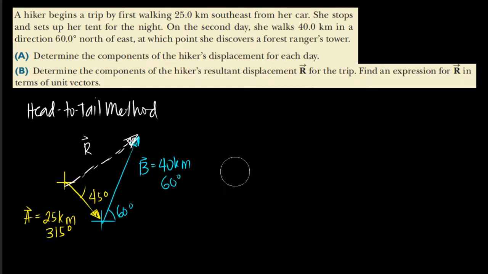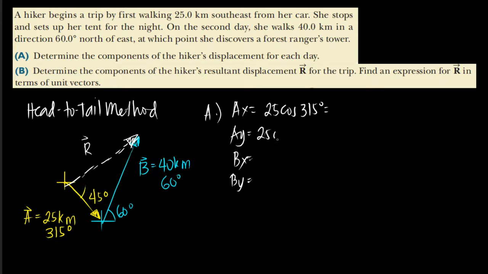Okay. So now, for part A of the problem, determine the components of the hiker's displacement for each day. So A of x, A of y, B of x, B of y equals. A of x is 25 cosine 315, and A of y is 25 sine 315.